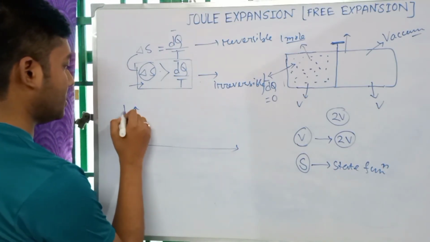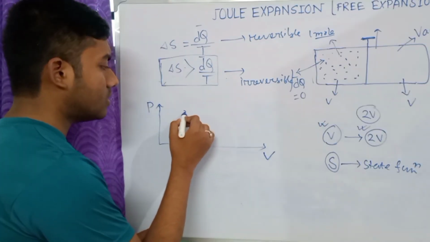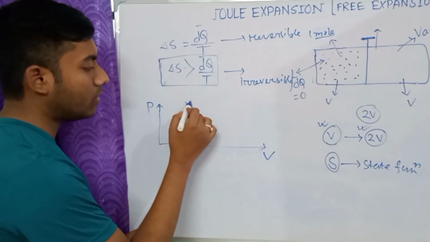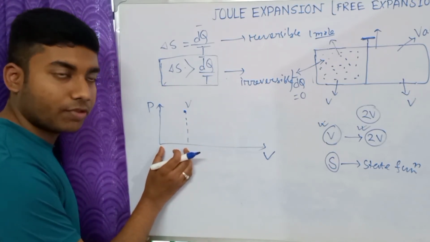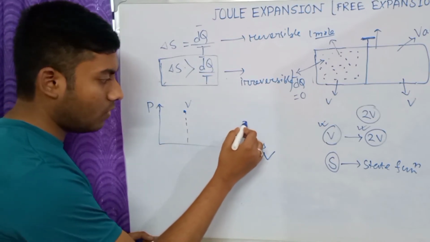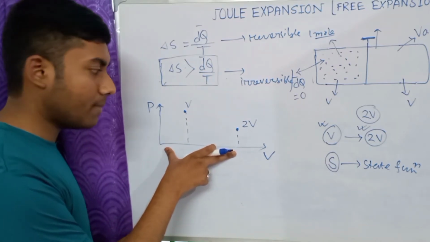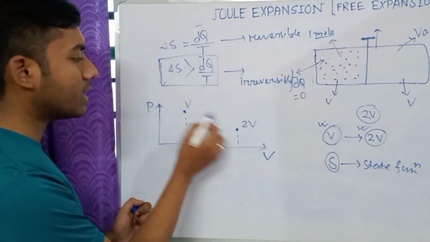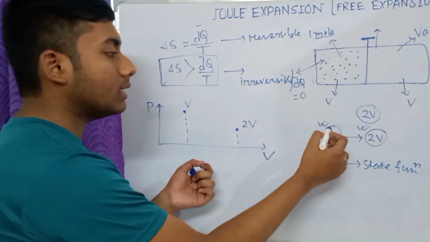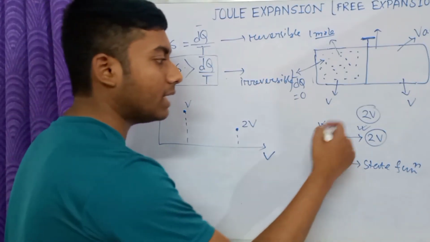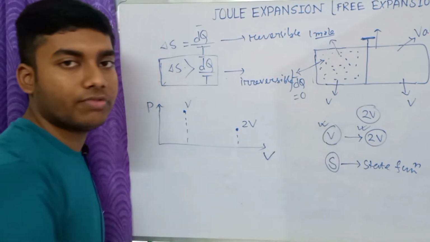Suppose this is our p axis and this is our v axis. Now suppose here is the position of volume v, this length is v, and suppose here is a point 2v, corresponding to the length 2v. These two points are the final and initial states of this Joule expansion, that is 2v and v.